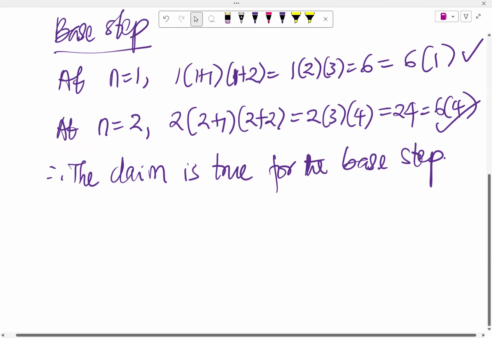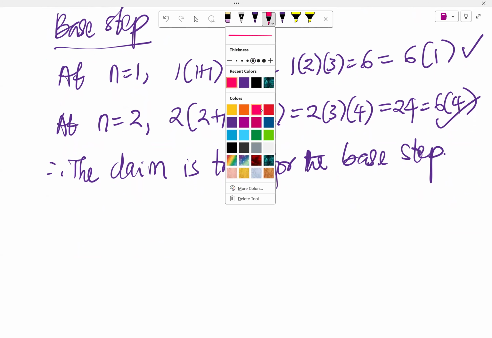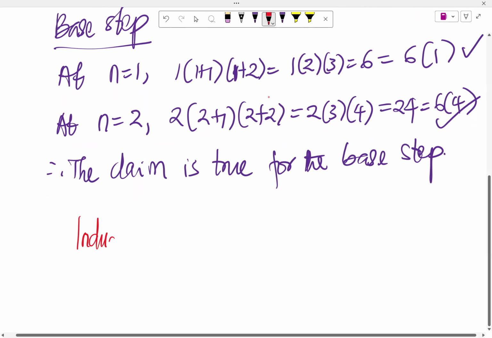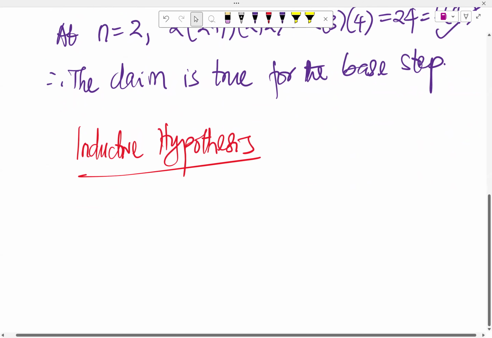So now that we have taken care of the base step, we want to deal with the inductive hypothesis. For the inductive hypothesis, what we simply do is to assume that the claim is true for n equals k, because that's the best we can do at that stage.